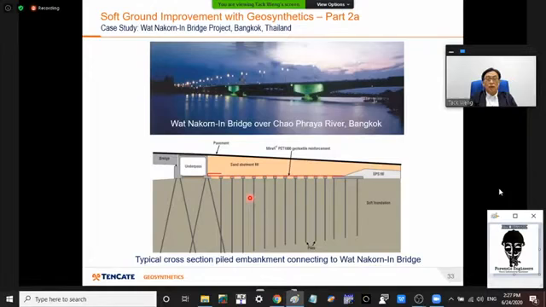So it builds a transition, gradually transferring more and more of the embankment load onto piles from the right side here to the left side here.